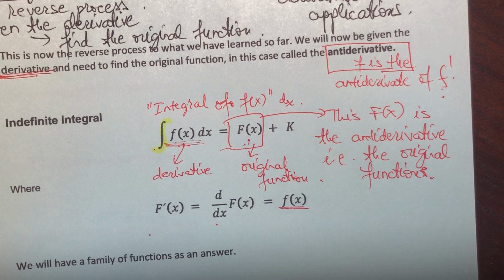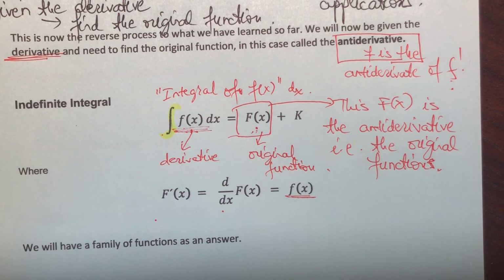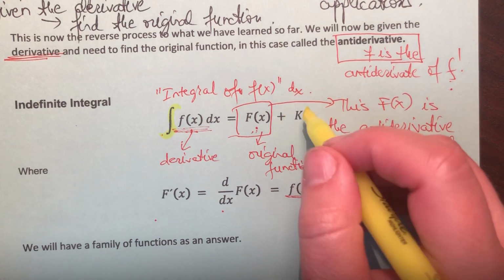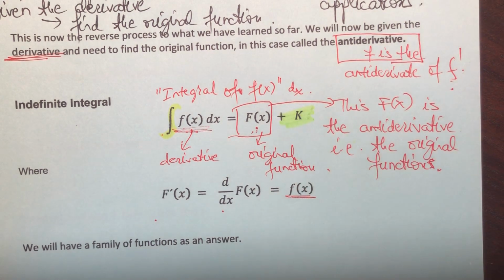Okay, so now what about this k? Why do I have another weird looking k there? By the way, that's called the constant of integration. So let me write that down as well.